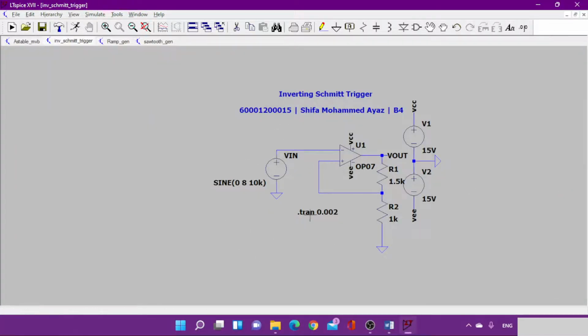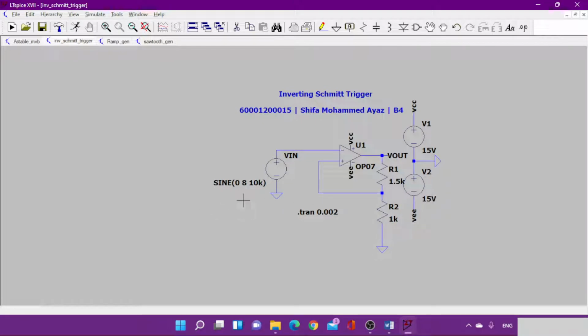As I said, Vin is fed to the inverting terminal, and some part of the non-inverting terminal is fed as a positive feedback to the Vout terminal. And these are the two voltage dividers. These two resistors form the voltage divider network, and these values have been used according to the calculations done, and VCC and VEE are provided from the voltage sources.